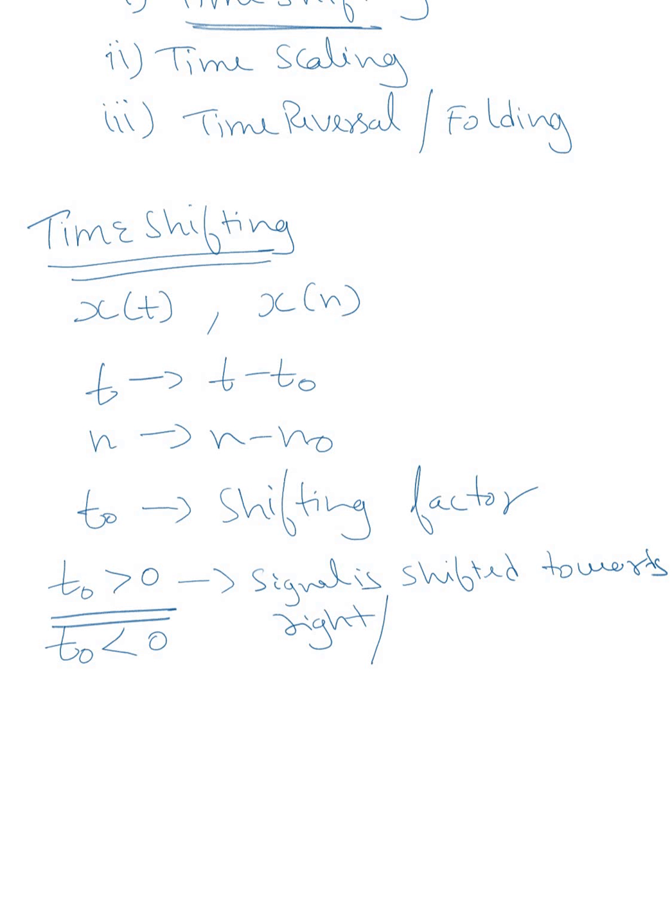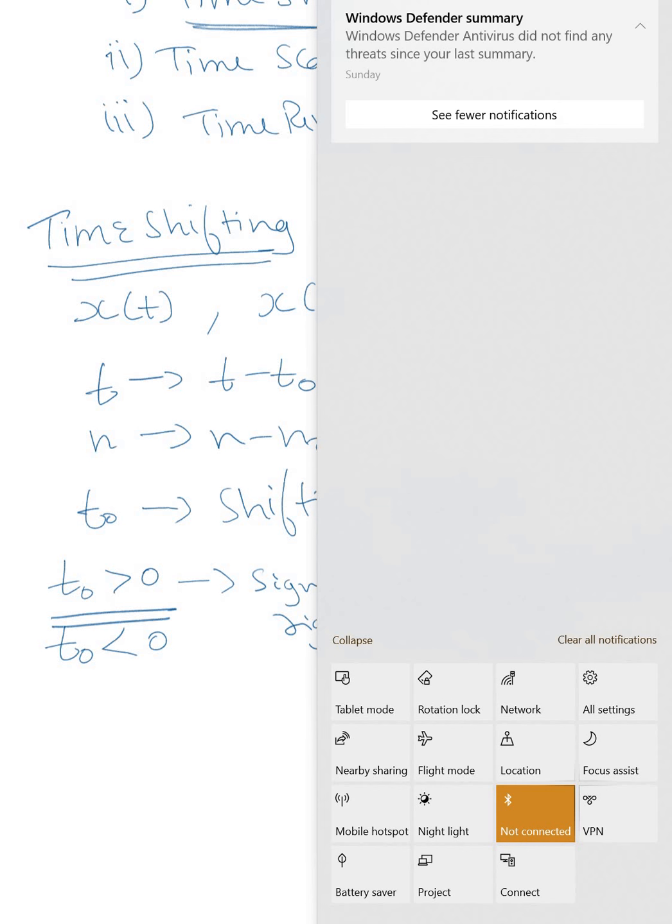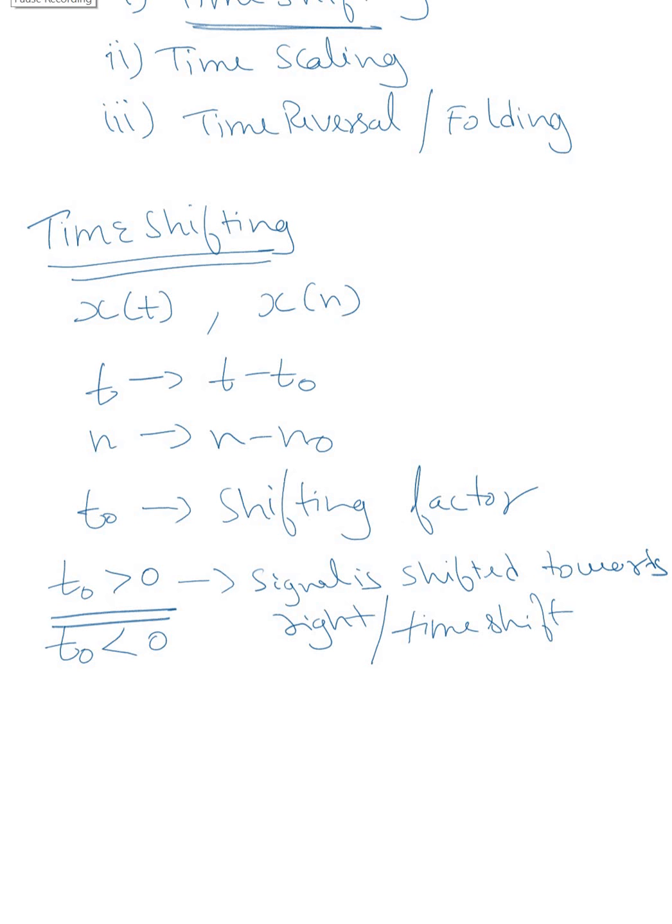Obviously, if in the time domain the signal is shifting towards right, that means there's a delay in the signal.